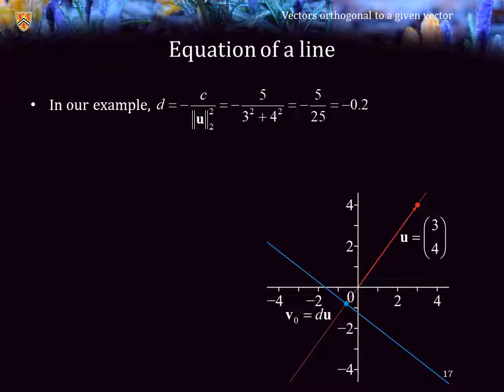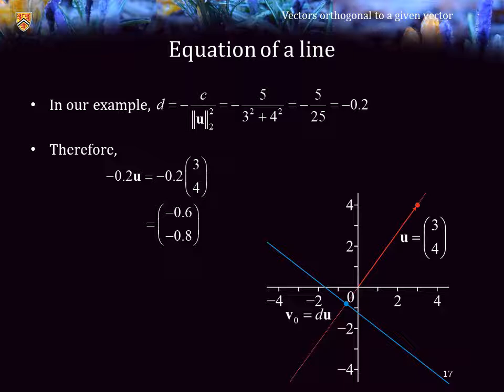So negative 0.2 times u can be calculated to be negative 0.6, negative 0.8. That vector is the point shown in blue as a blue dot in the image below.